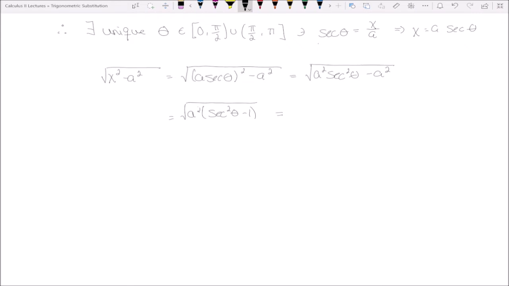And secant squared theta minus 1 is tangent squared. And so we get the absolute value of a times tangent of theta. Now, again, a is greater than 0.